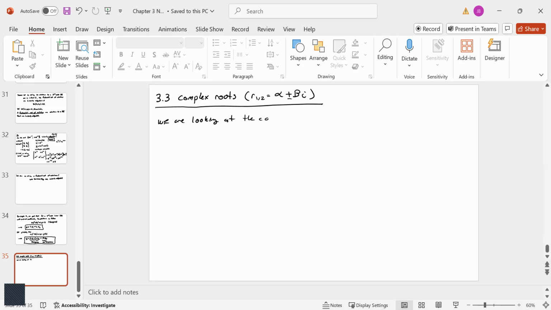So in the complex root case, what we're analyzing is the case where b squared minus 4ac is less than 0, right? So if that is the case, you have a complex number.